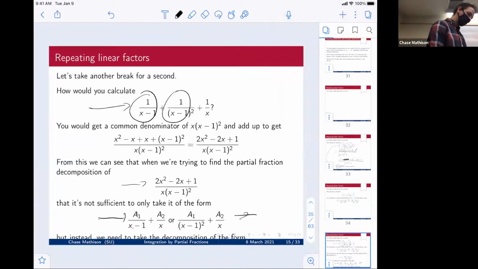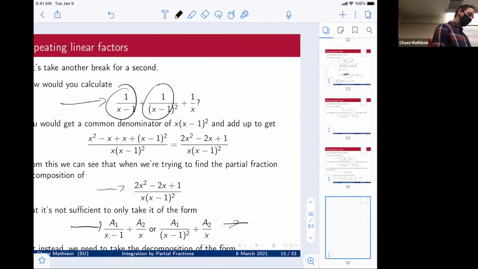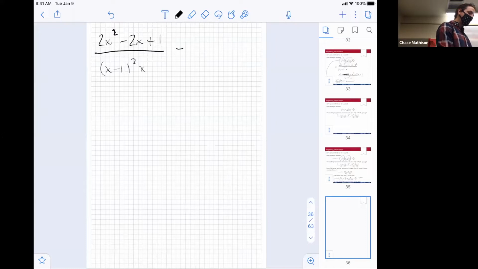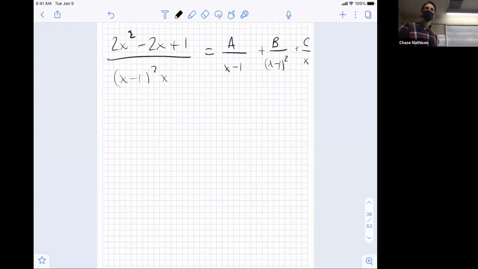If I'm looking at the partial fraction decomposition of 2x squared minus 2x plus 1 over x minus 1 squared times x, my partial fraction decomposition needs to have both something over x minus 1 and something else over x minus 1 squared and something else just over x.